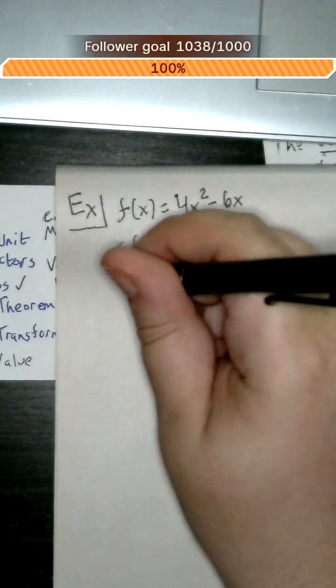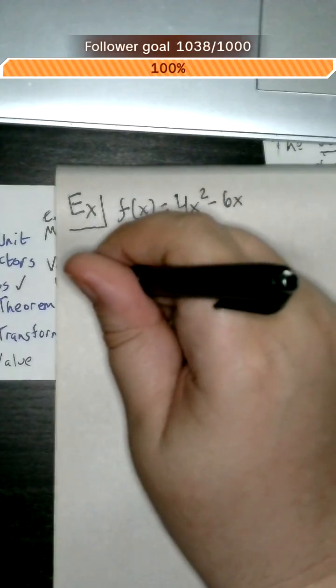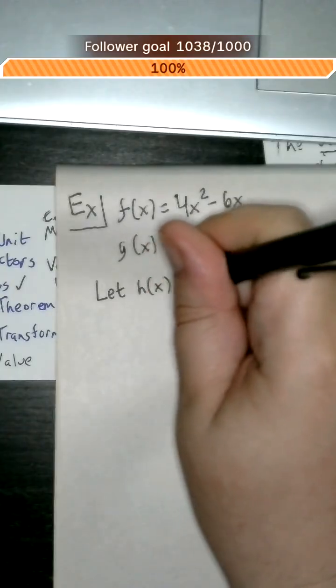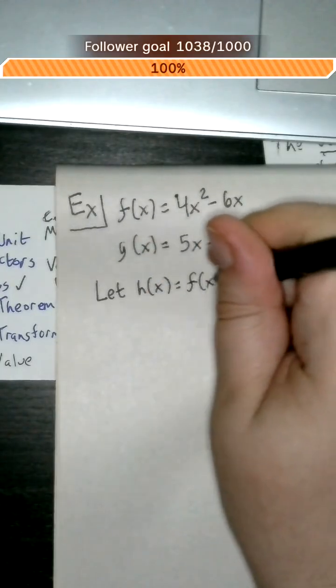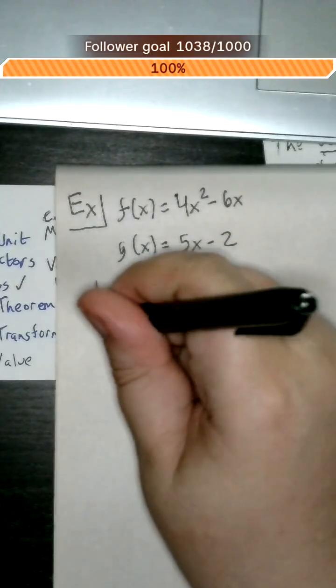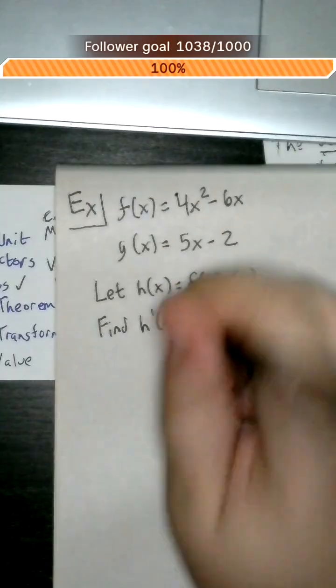And I want to find the derivative. Let h of x equal f of x times g of x. Find h prime of x.